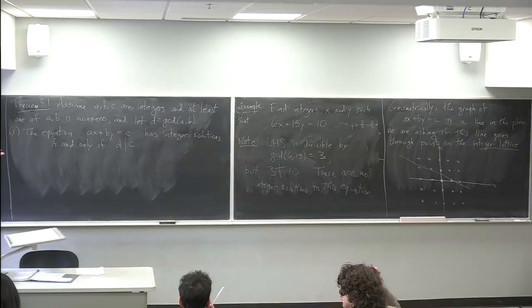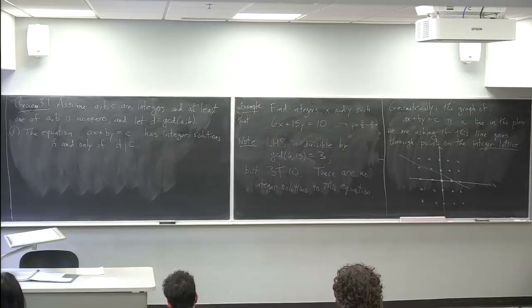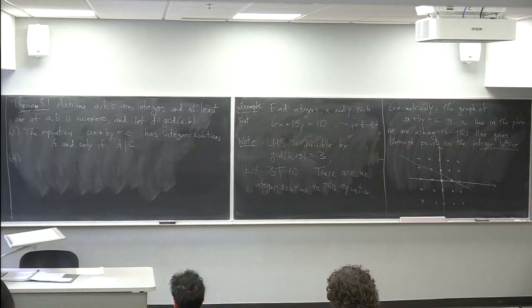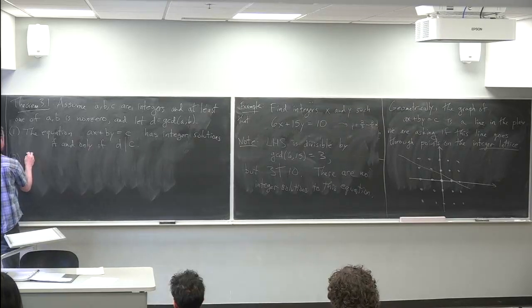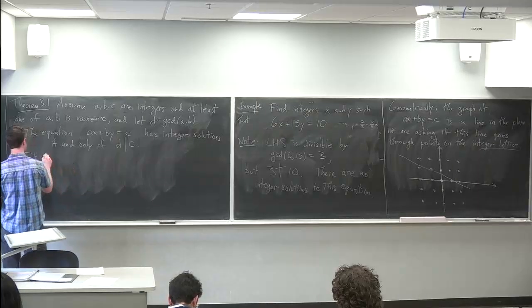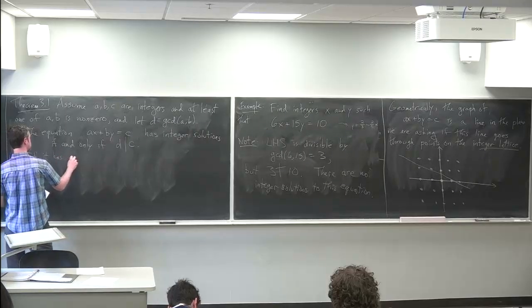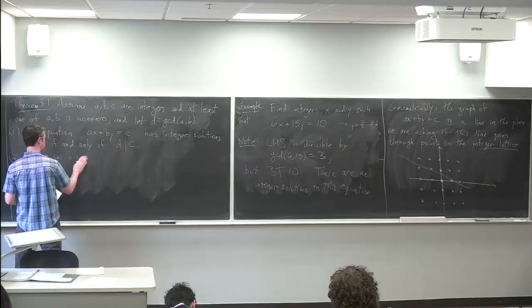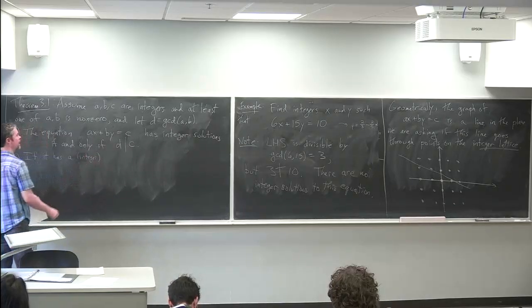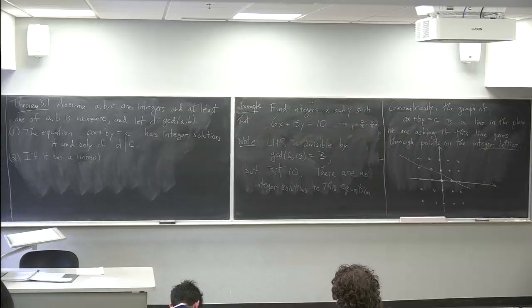But if it is, this is also saying that if the right-hand side c is in fact a multiple of d, then solutions will exist. So we'll prove that. And then the extra bit here, which is saying a lot more, is a thing we haven't really seen yet: if it has solutions, it actually has infinitely many solutions. Remember, we're talking about integer solutions.